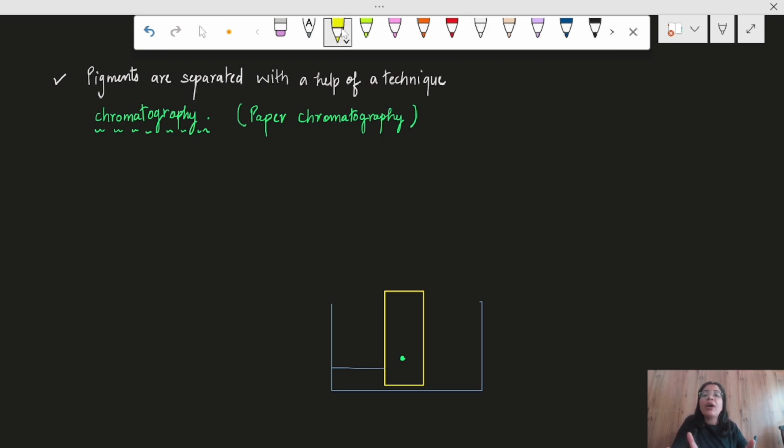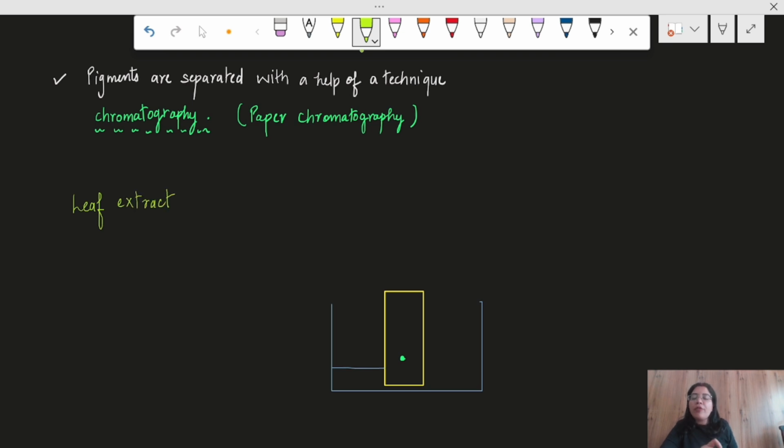In chemistry also, you have learned that chromatography is one technique by which, if there are many things present in a mixture, you can separate the components or constituents of that mixture, right? So for this we have to take a leaf and make leaf extract with the help of mortar and pestle.